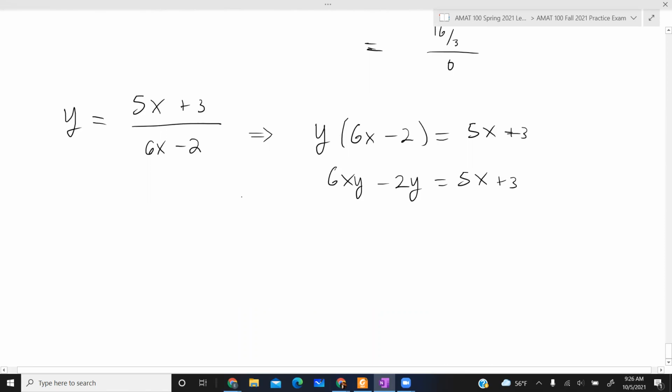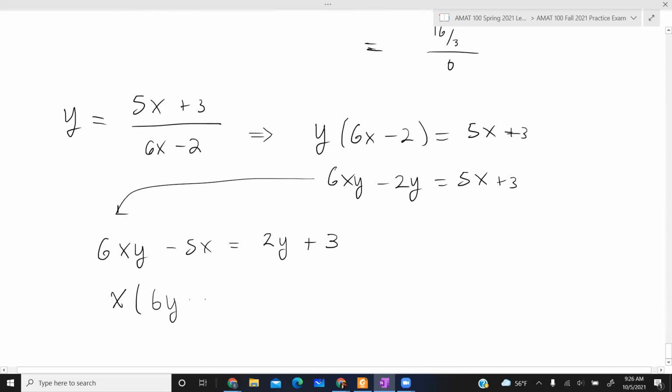So you set y equal to the function. And then you want to solve for x. Oh, okay, I see. So now I'm going to subtract 5x from both sides and then add 2y to both sides. And then I'm going to factor out the x. So x times 6y minus 5 is equal to 2y plus 3.